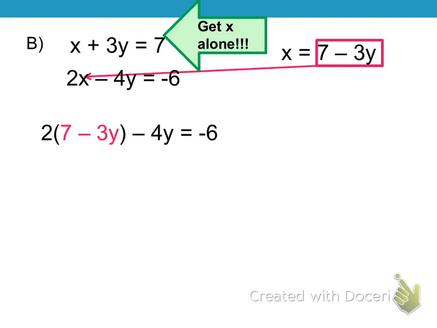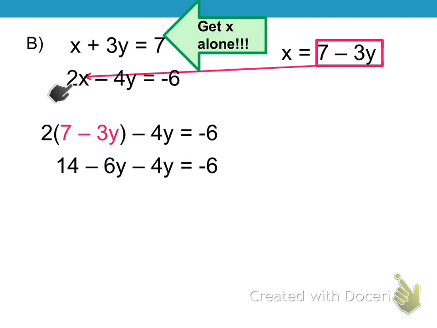At this point, you should have one variable. We have only y's. All right, when you distribute the 2, that's a big mistake here.